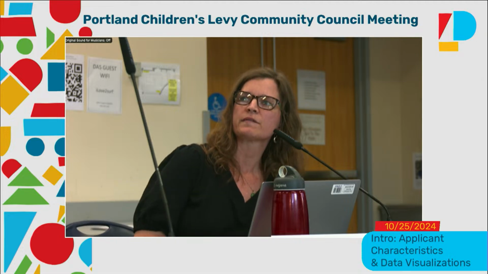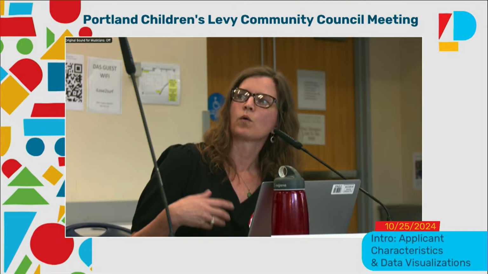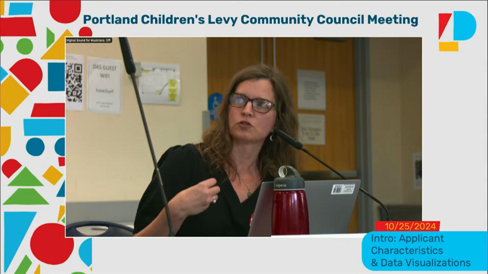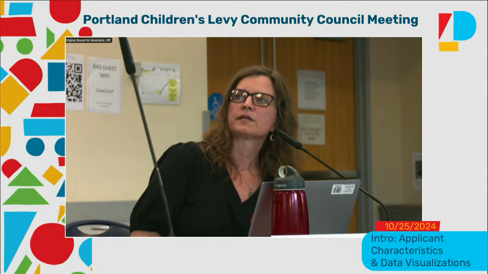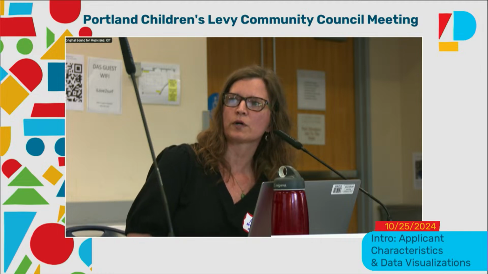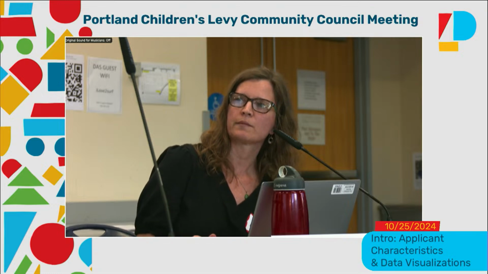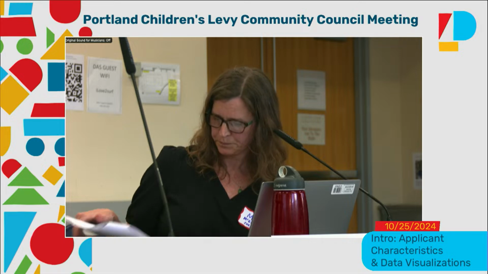The number of applications by organization type, so whether the organization applicant was a grantee or an organization new to PCL funding, the number of applications that proposed to serve certain populations, and the number of applications that proposed to address levy funding priorities, and then scores on applications by program area and funding requested.